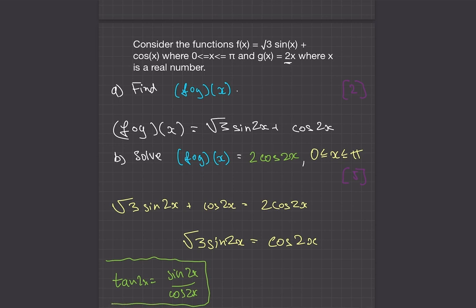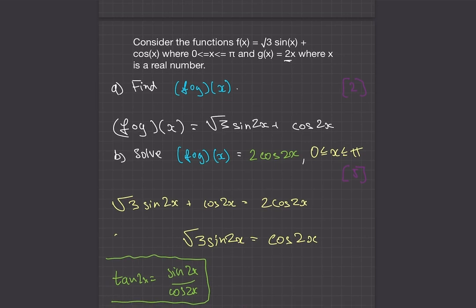The only thing you have to be careful of when you divide by cosine is you have to make sure that cosine being equal to 0 is not a solution. Because if it is equal to 0, and that is a solution, then we're dividing by a solution, we're losing a solution. But I don't think that's ever the case here, because if cosine x is 0, this means that sine x is plus or minus 1.